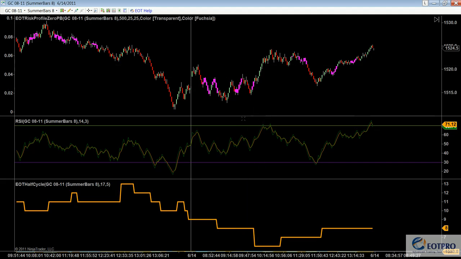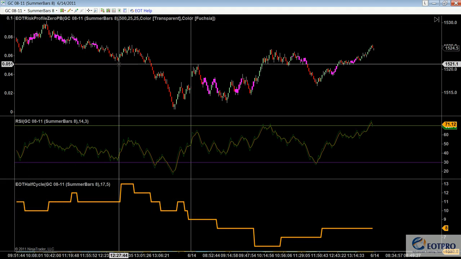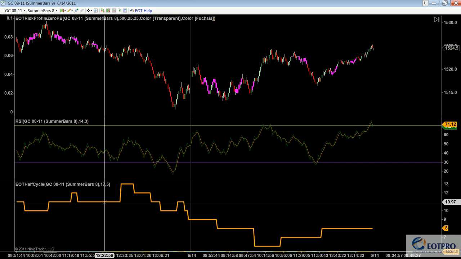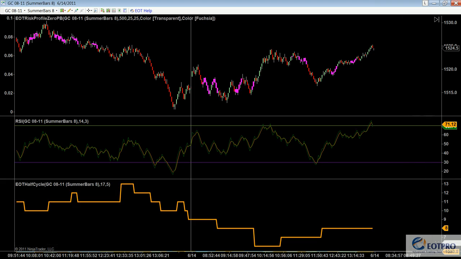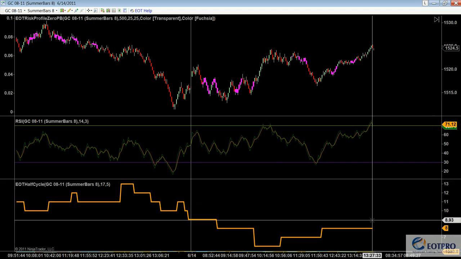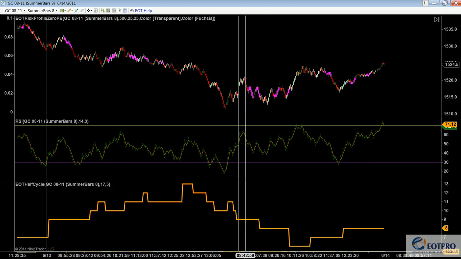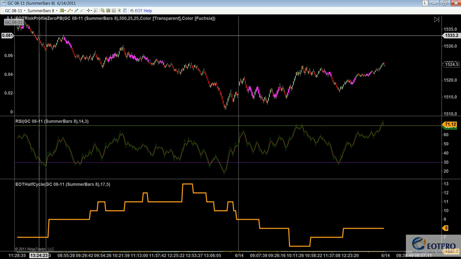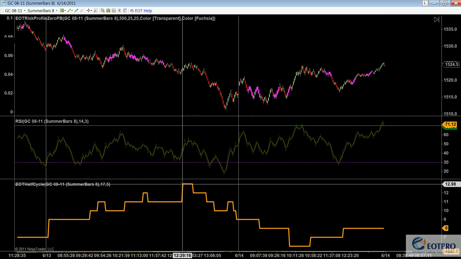If we compare longer term charts with shorter term charts, we derive this indicator. You'll notice the value along the side goes anywhere from 6 to 13 in this case, and if I squeeze the chart together, yes, 6 to 13. So the cycles in gold right now are ranging between 6 and 13.